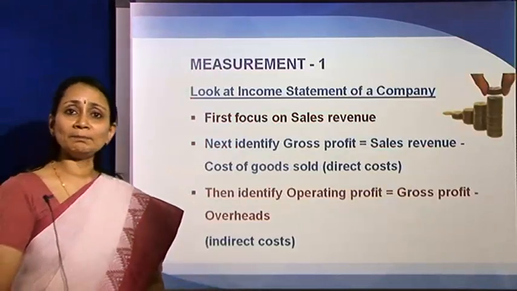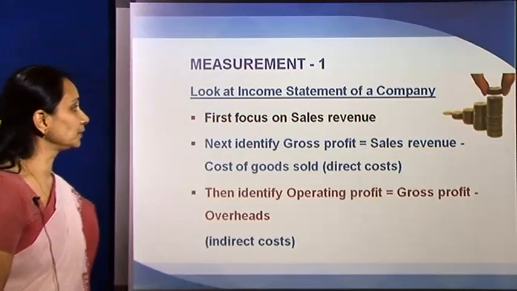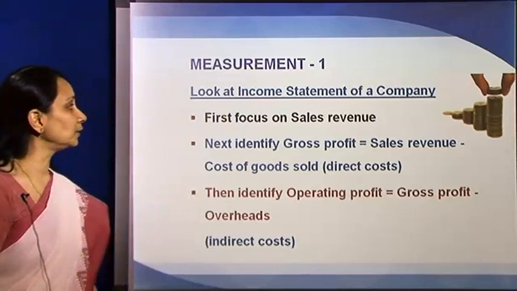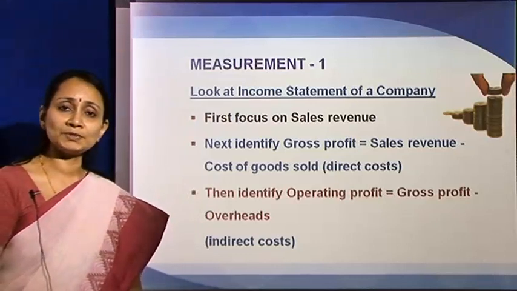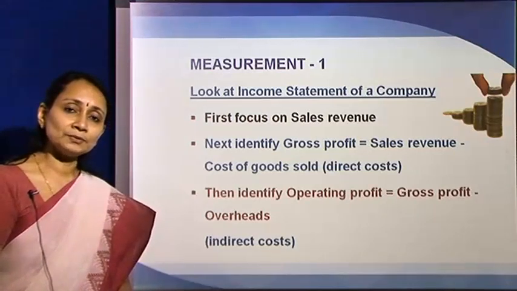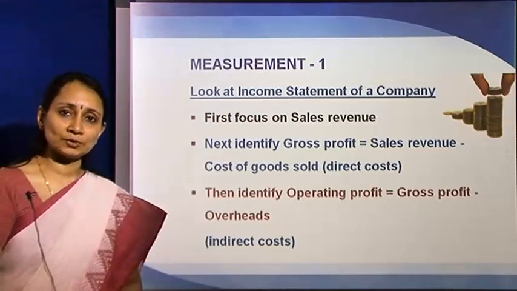Now, let's see how we measure net profit. We need to look at the income statement of a company. Now, when we look at the income statement, what we see first is revenue. Now, from this revenue, we reduce the cost of goods sold.